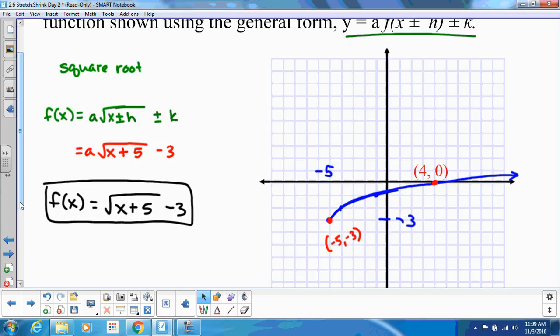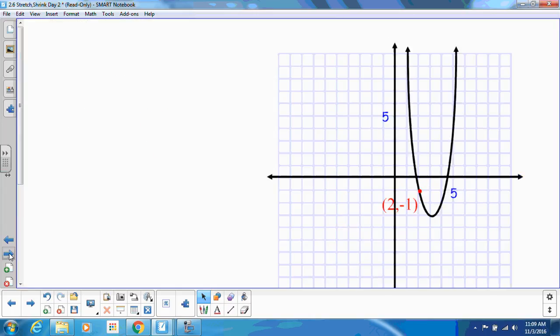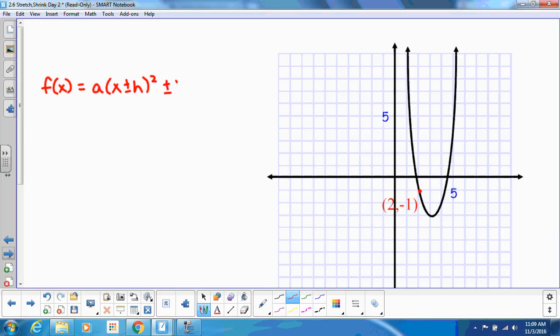So this is a quadratic. I can tell by the graph it's a parabola. This is the vertex, +3, -3.